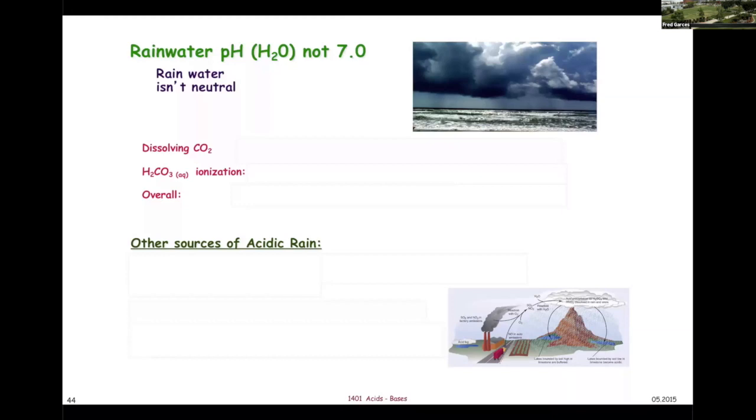Okay. Another thing is that if you have environmental concerns, and who doesn't these days with COVID-19, in terms of pollutions and chemicals that we emit into our atmosphere, rainwater is actually not 7. Rain coming from the sky doesn't have a pH of 7. And that's okay, because when rain falls from the sky, it will absorb the carbon dioxide from the air.